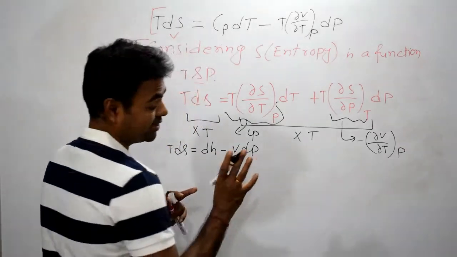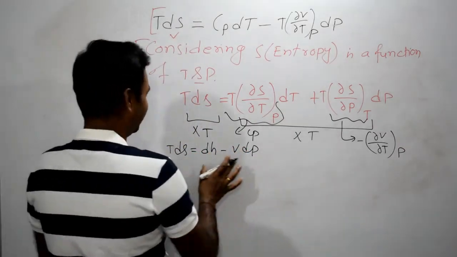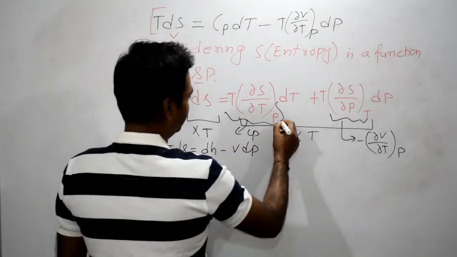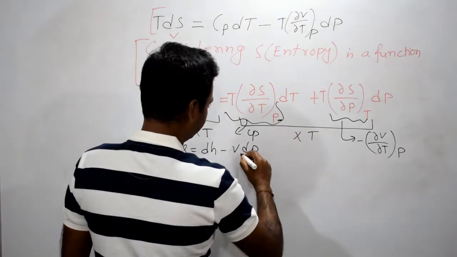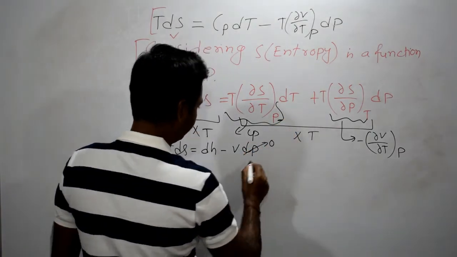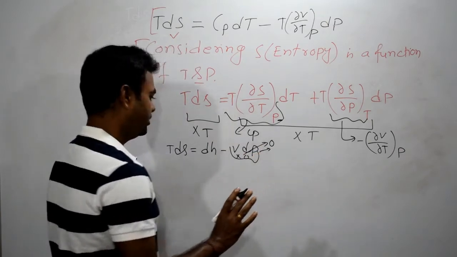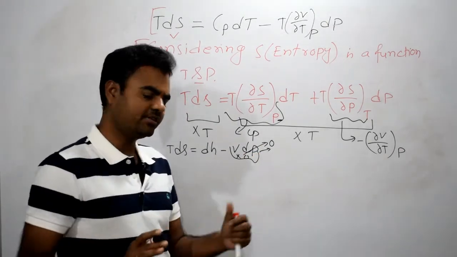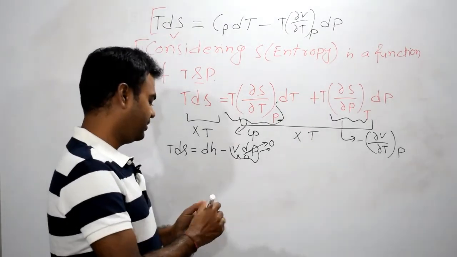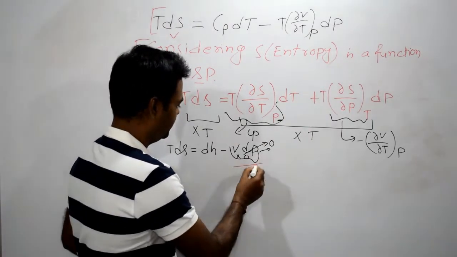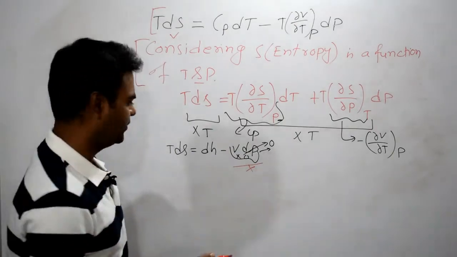Here you can see pressure is constant, therefore dP will become 0. If dP is 0, then multiplied by 0 this whole term becomes 0, so there is no concern with this term; it will vanish and go out from here.